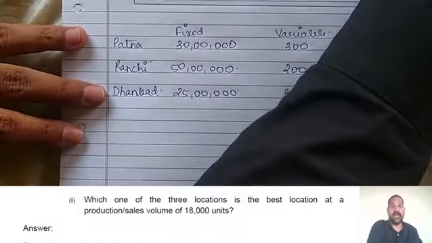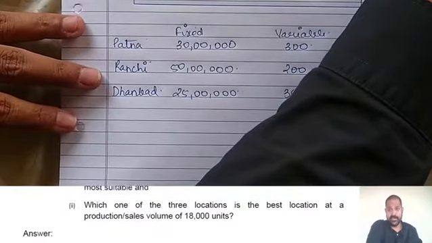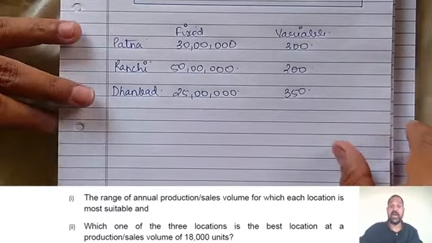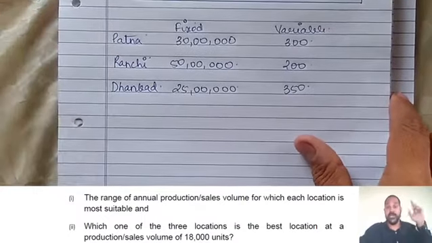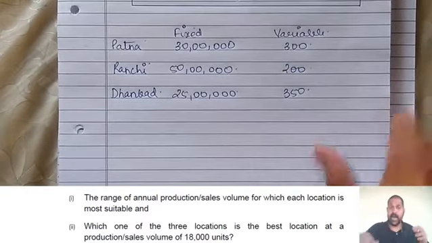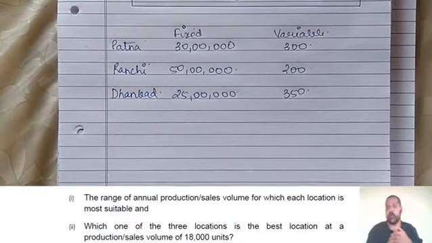The problem is answering the first question. What does the first question say? Well, the first question says the range of annual production or volume for which each location is suitable. So you know what they are looking for? They are looking for a range of production and tell them which location is a good option.